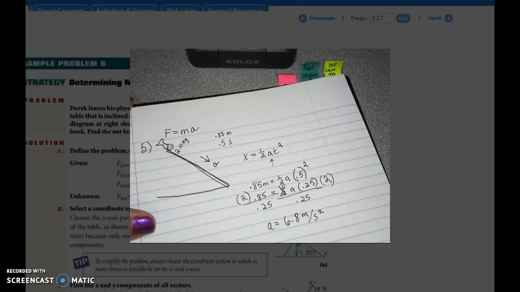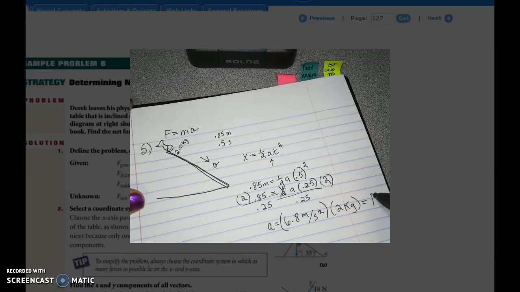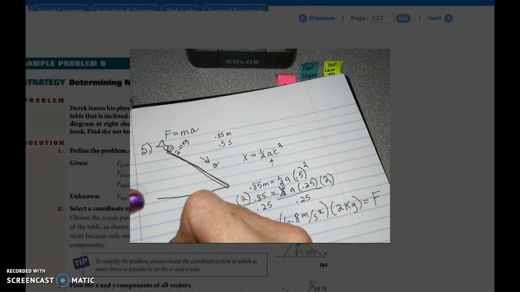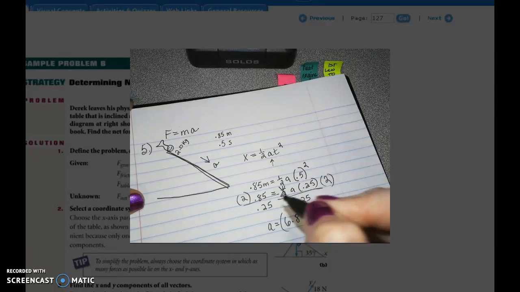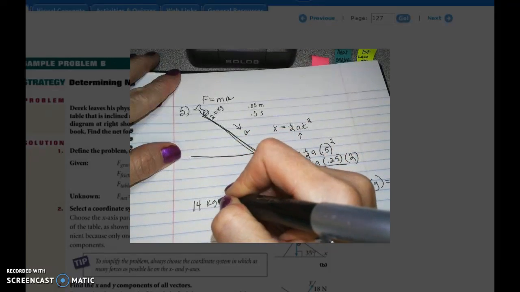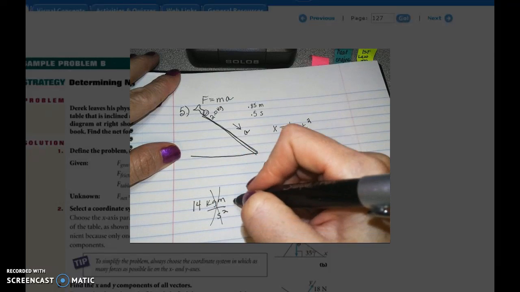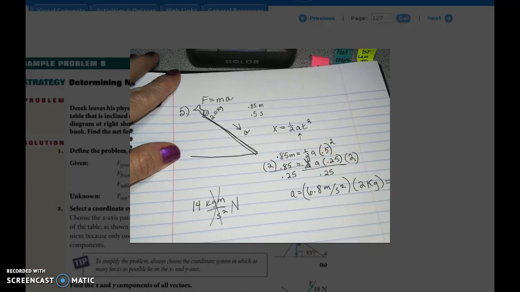So that allows us to do mass times acceleration to get force, which rounded gives us a force of 14 kilograms meters per second squared, which is better known as a Newton. 14 newtons. Down the ramp.